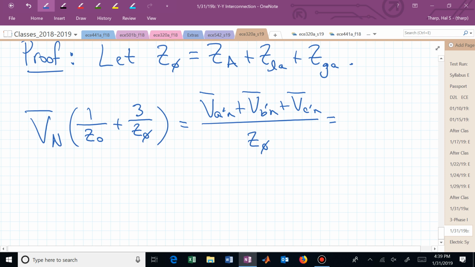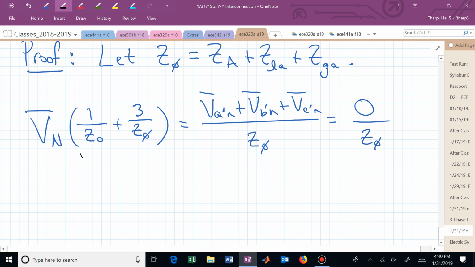Remember the quiz that you were so quick to answer? Drawing these phasors, if that's a balanced set of three-phase voltages, head to tail, you can add those up and you get back what? 0. This now is 0 over Z sub phi.